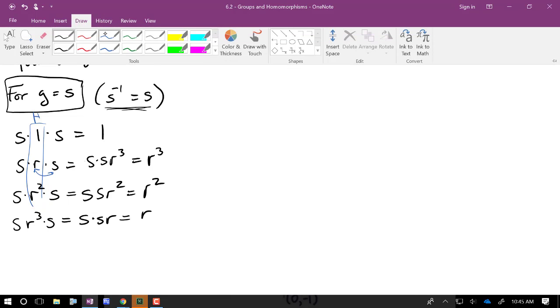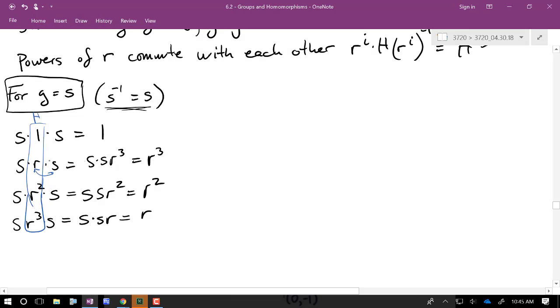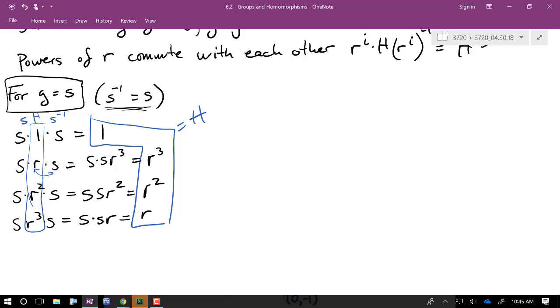So as I've switched out different elements of H, so I have S, H, S inverse, because S is its own inverse, what I produced was the subset H again. And what I want to show is that this is true no matter which element of G I pick. So we know it's true for the R elements because R's commute with each other. I know it's true for the S element, so we have just 3 more elements to go.